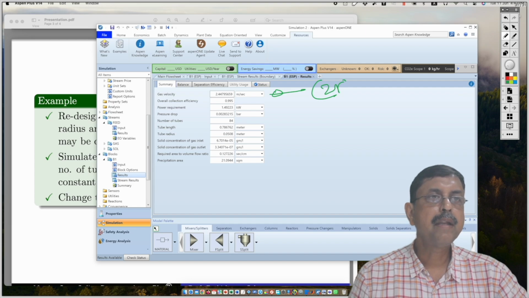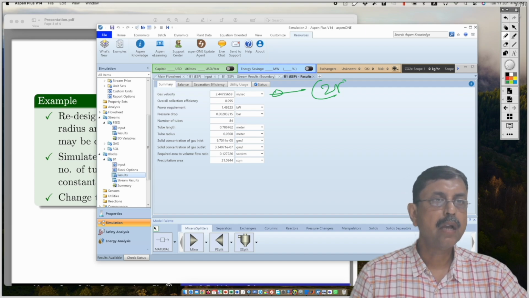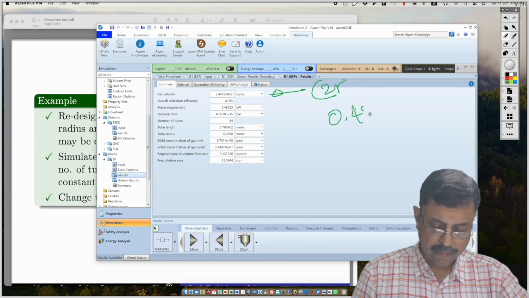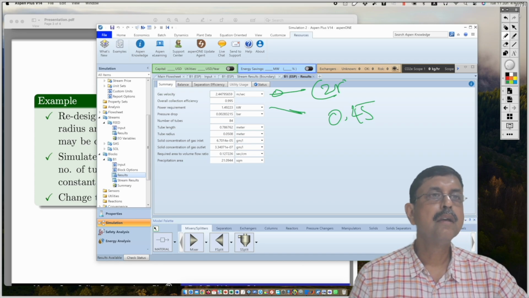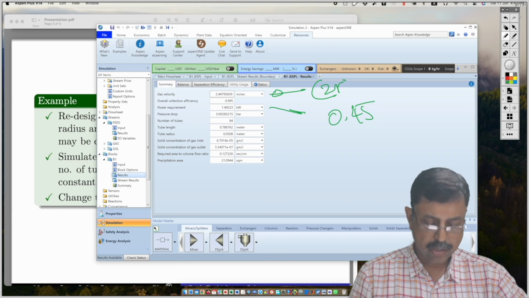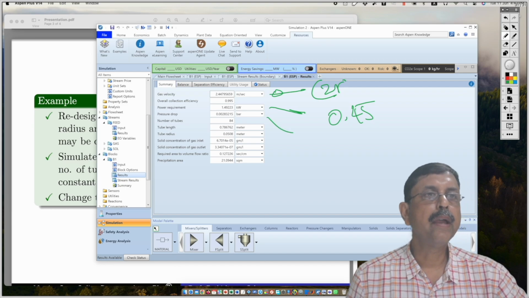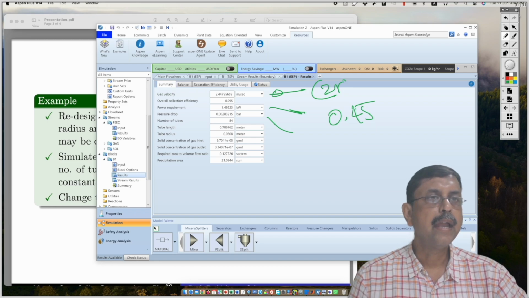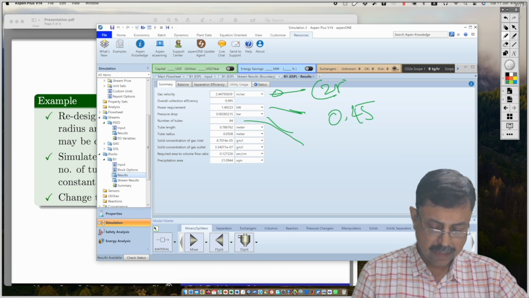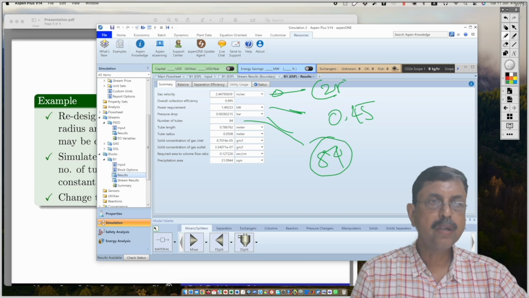Then power requirement has increased threefold. Earlier it was 0.445 or so. Now it is 1.49 kilowatt. The pressure drop has decreased to 2.8 and the number of tubes is 84.